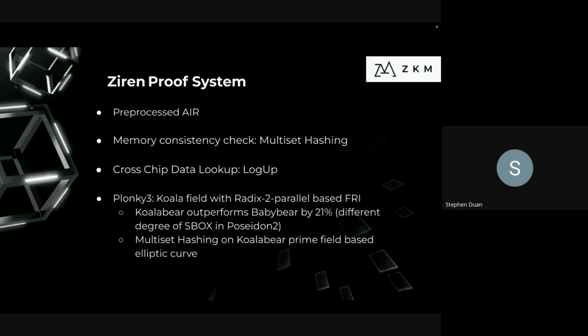We still need to build the extension field and elliptic curve on KoalaBear for the multi-set hashing. For more detail, we can talk offline or check out our documentation site.